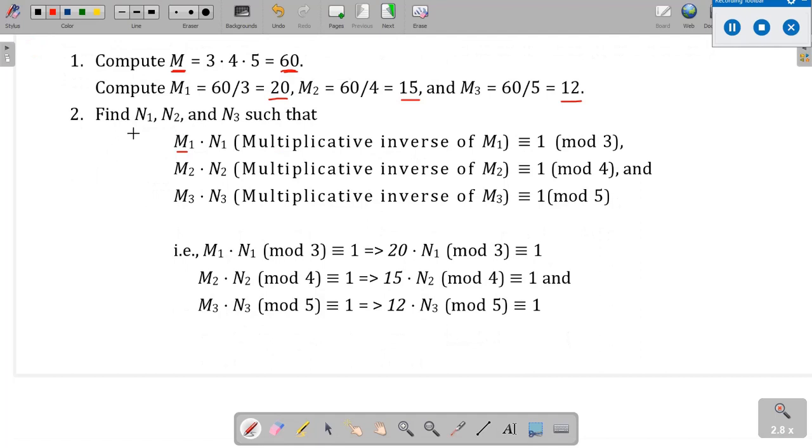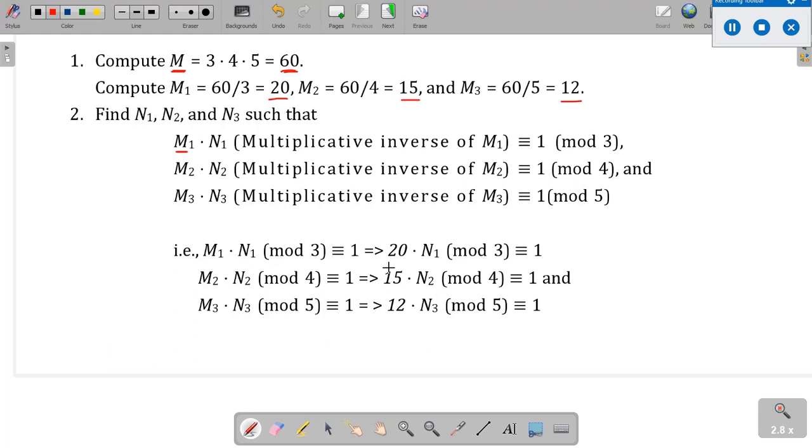We move to the next step, to find the n1 n2 n3. To find the n1, m1 dot n1, where n1 is the multiplicative inverse of m1, congruent to 1. Then m2 dot n2, multiplicative inverse of m2, and like that. Then if we use this formula, then m1 dot n1 mod 3 congruent to 1.